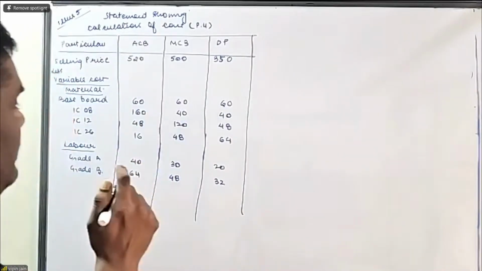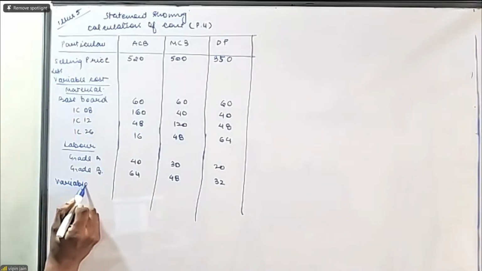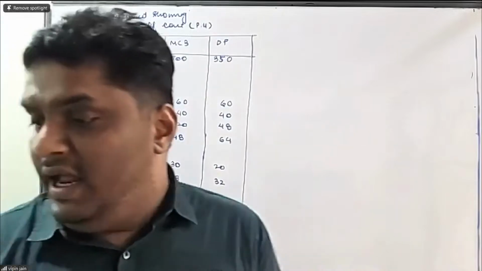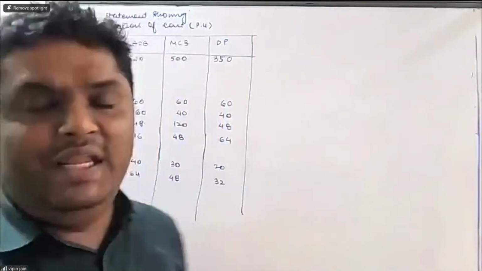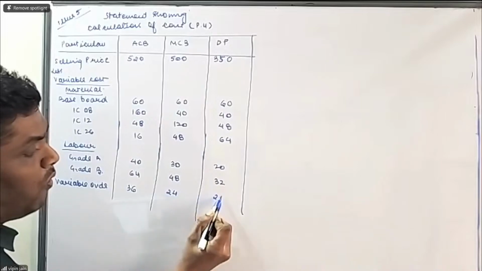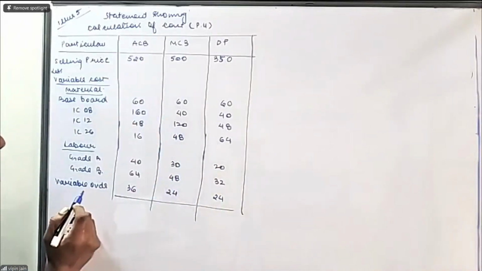Now we have the variable overheads also. And the variable overheads are given, that is 36, 24 and 24. So we have the selling price, we have all the variable cost.